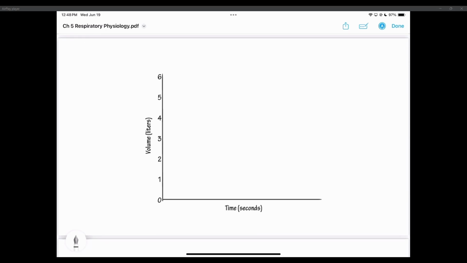So the first thing we're going to talk about is our tidal volume. This is just the air that we breathe in and out with every breath.